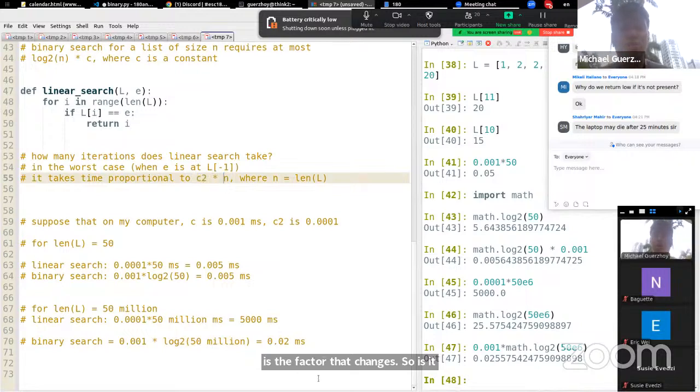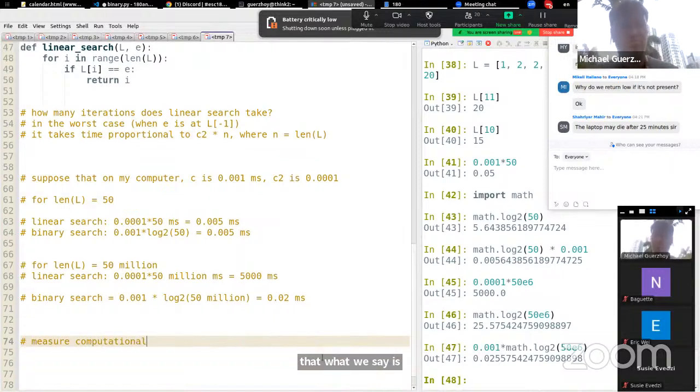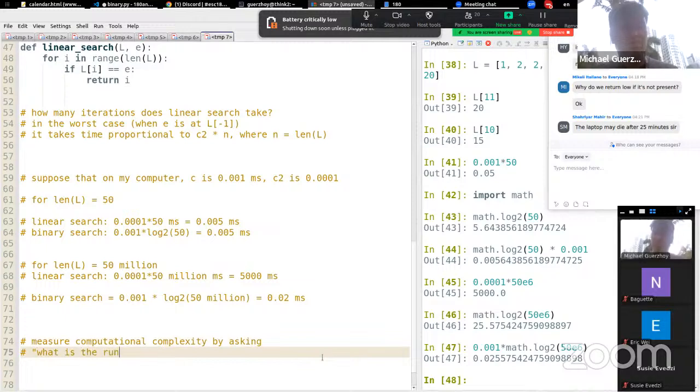That's what we say the runtime is proportional to, in the worst case.